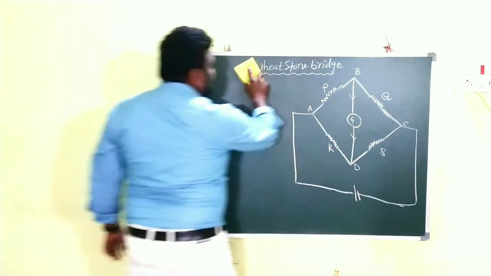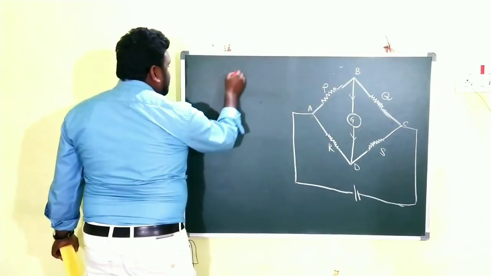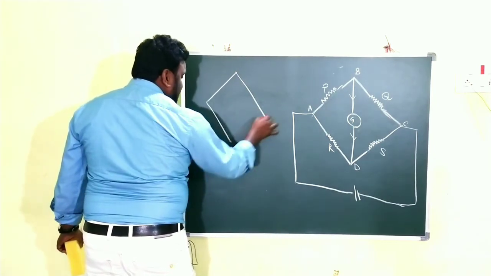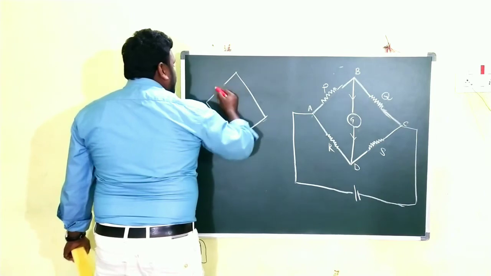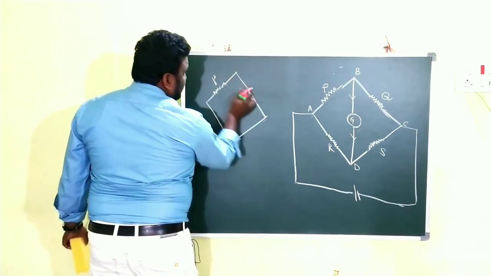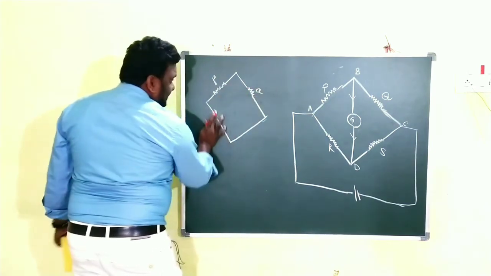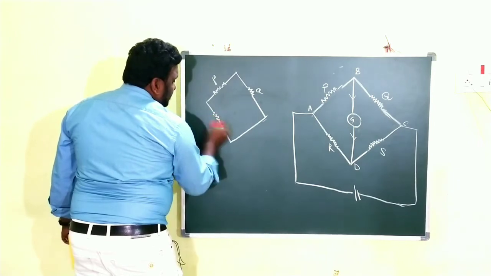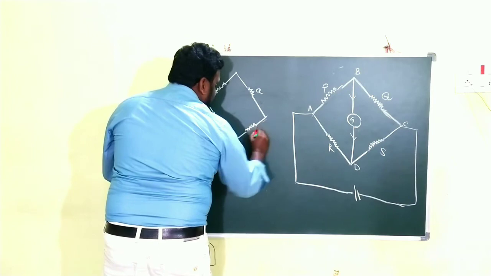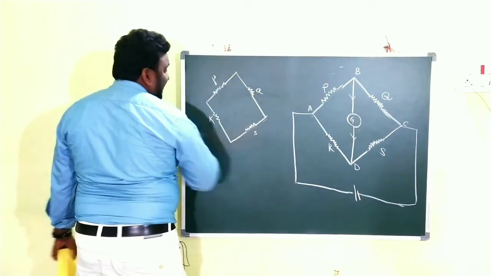Okay children, here you can see that there are four resistors. The arrangement should be like this. Here this is the resistor P, this is the resistor Q, this is the resistor R and this is the resistor S. In this way the four resistors should be arranged.